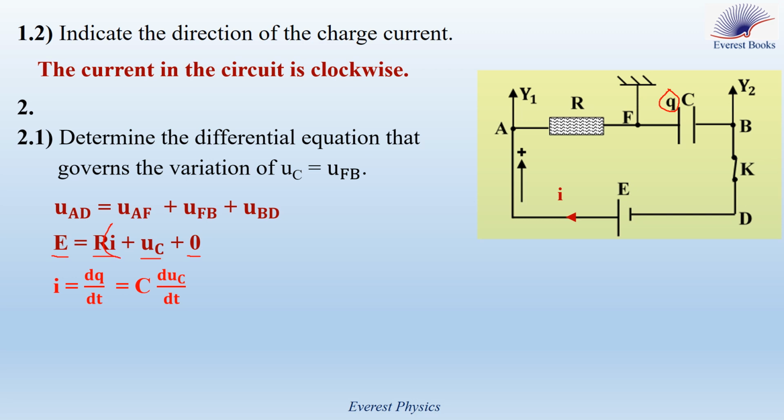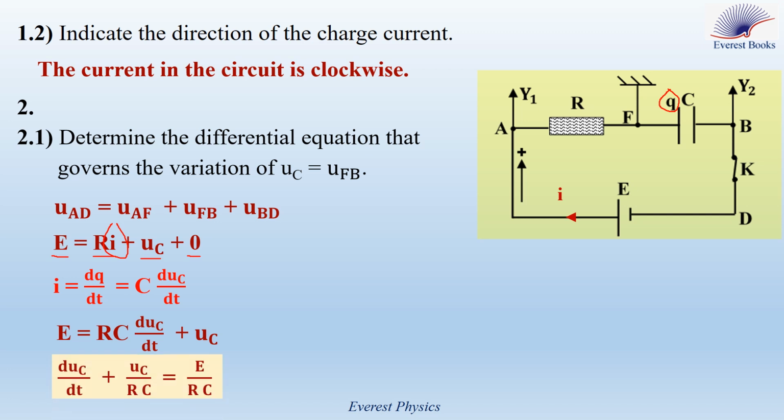Replace i in the above equation by C duc by dt, and finally divide the equation by RC. So we have duc by dt plus uc over RC is equal to E over RC. This is the differential equation that governs the variation of uc.